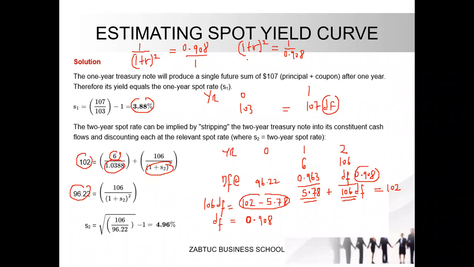Have you noticed that? Then you're going to take the square root of this. Take the square root here, and also take the square root there. So take your calculators, please. In your calculators, you put in 1 divided by 0.908.